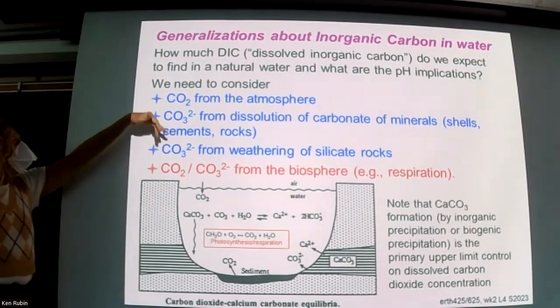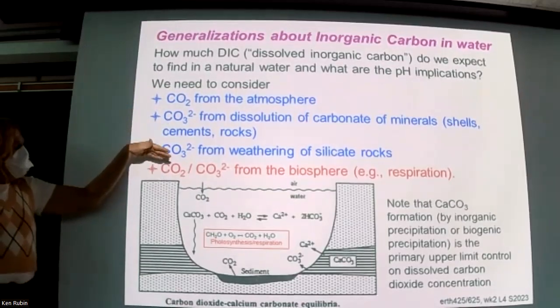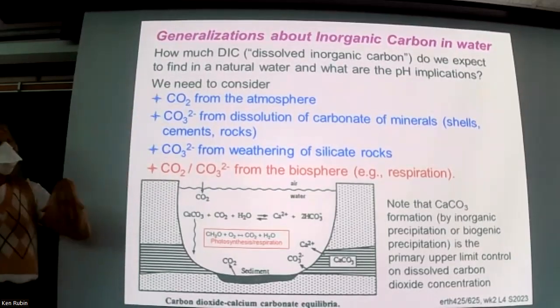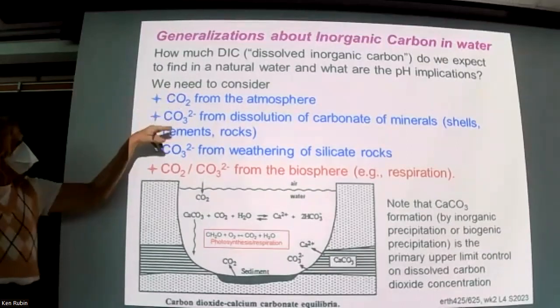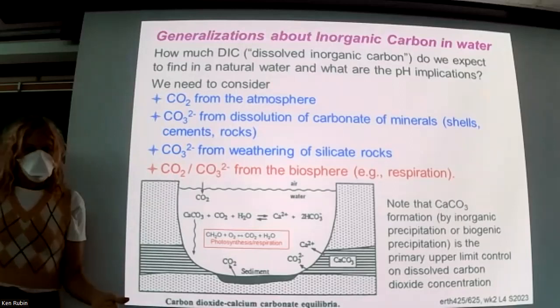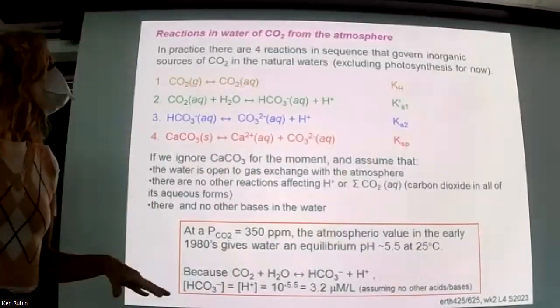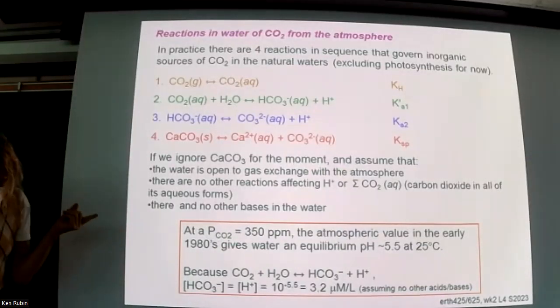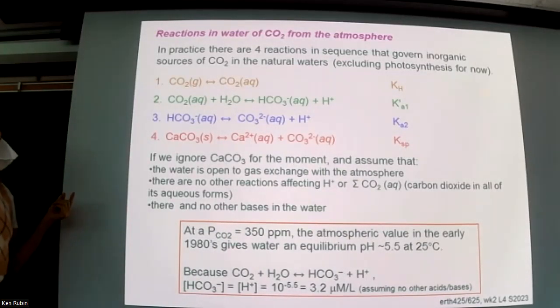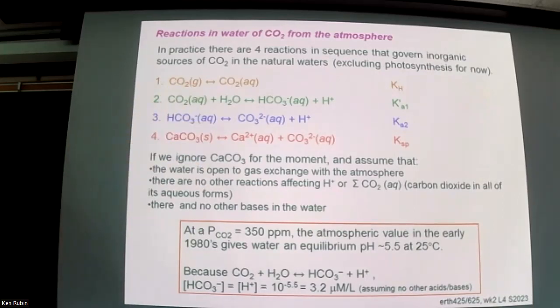I just want to talk a little bit about the stoichiometry of each one of these things for a second. And then we'll go on and talk about some of the other chemicals that come along with them that help us understand which one of these might be happening. And then that'll lead into this idea of characterizing waters with their chemistry. So the first thing is to look at the equilibria, right? The dissolution of carbon dioxide from the gas into the water is a Henry's law process.